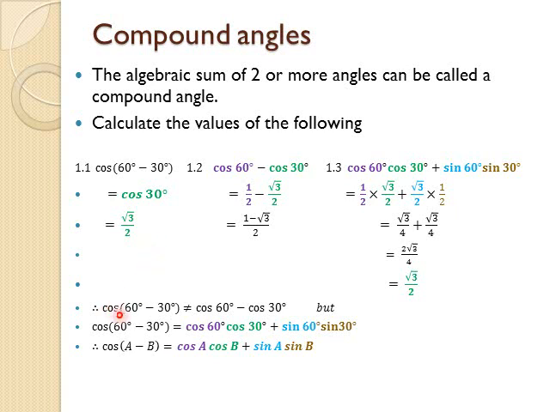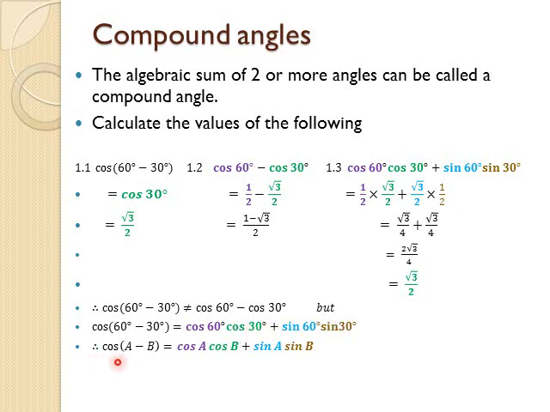So therefore we can conclude that cos(60 - 30) does not equal cos 60 minus cos 30, but cos(60 - 30) is the same as cos 60 cos 30 plus sin 60 sin 30.